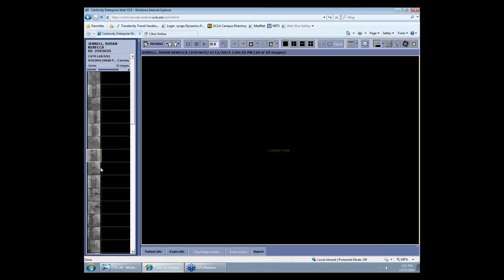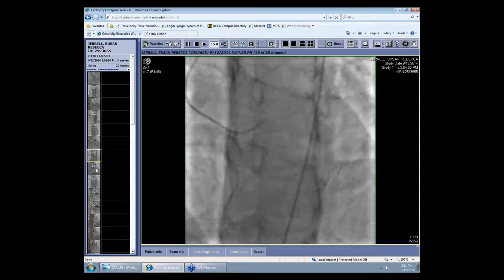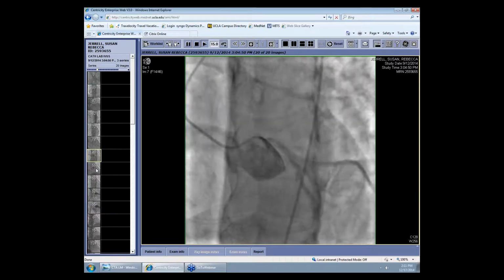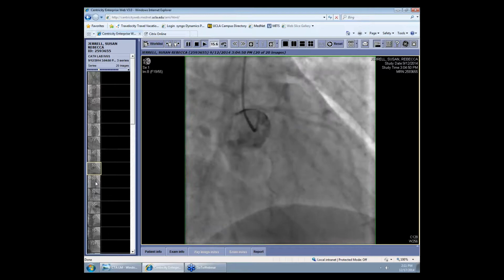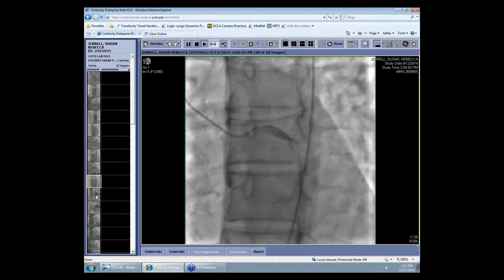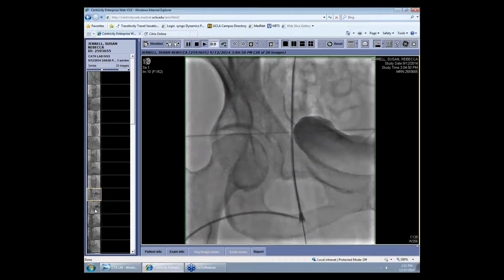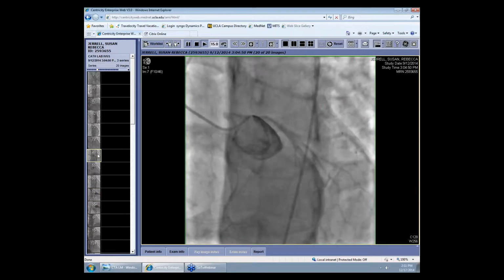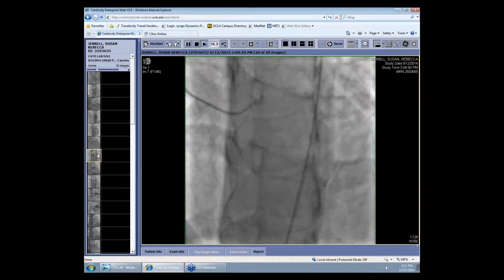And the ostium doesn't look that compromised here. So anyway, they went in and then did an IVUS of the left main LAD.